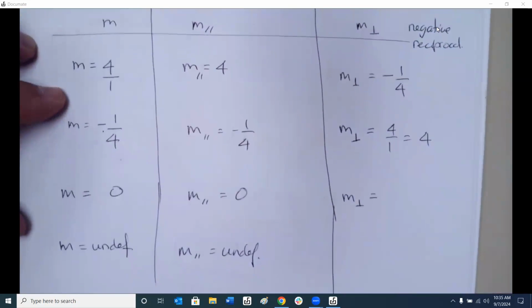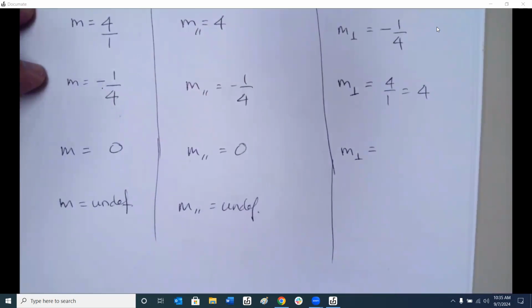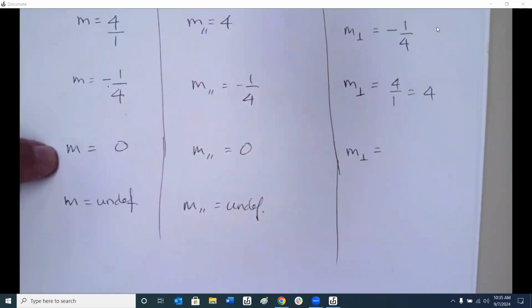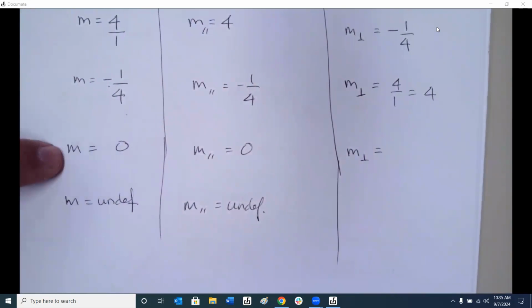How about this one? What's the perpendicular slope to 0? What does this line look like? It's a line.